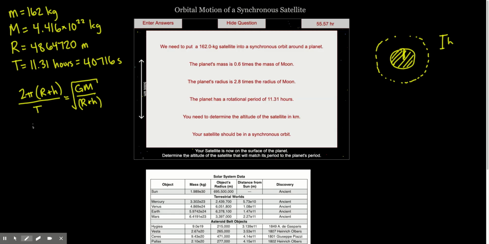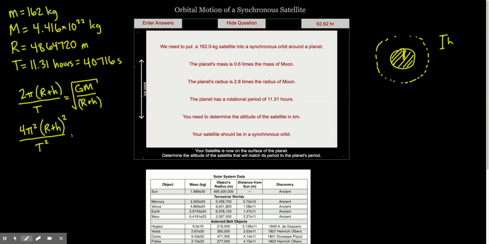So what we have is 2 pi times r plus h quantity. Well, you know what? Let's do this. I'm going to do kind of a generic equation here. So I get 4 times pi squared times r plus h quantity squared divided by T squared.